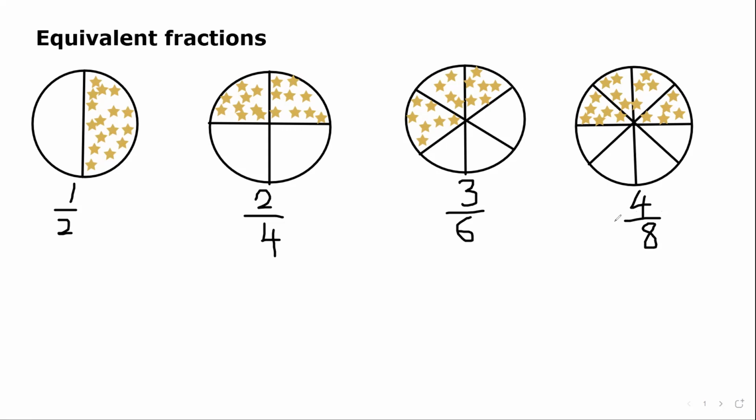Are you okay? Good. So the first one is 1/2, the second orange here also represents 2 out of 4. They have different numerators, which is 1 against 2, and different denominators, which is 2 against 4.